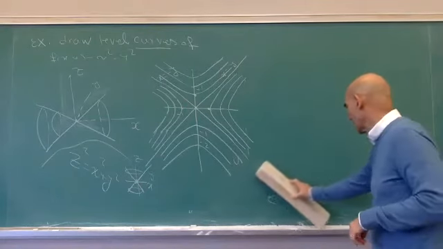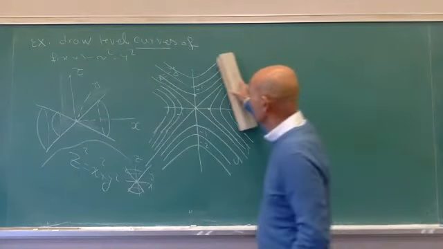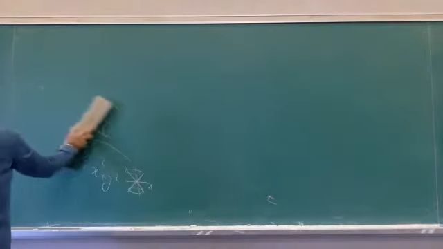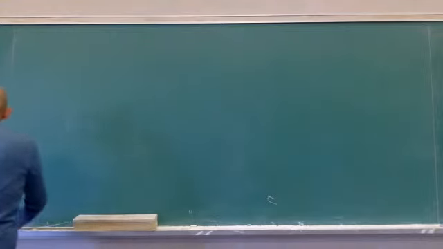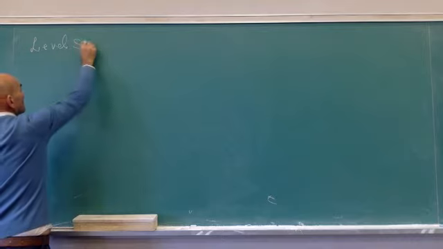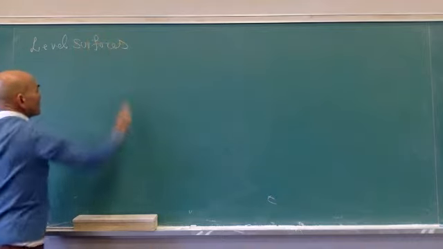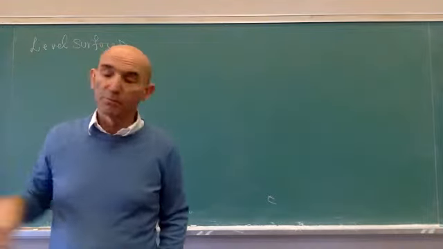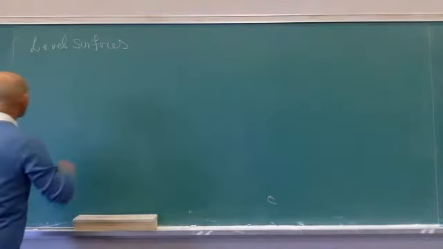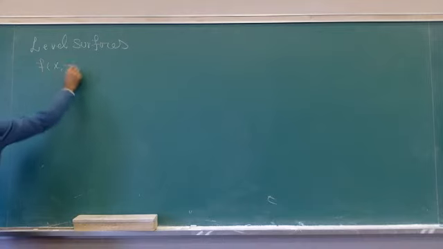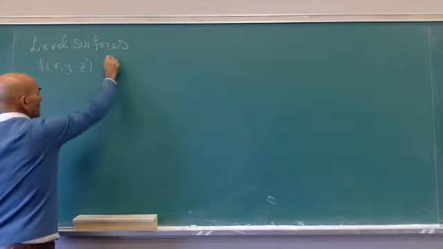Okay, now let's look at level surfaces and see how they arise. To have a level surface, we need a function f of three variables, right? So it's given.